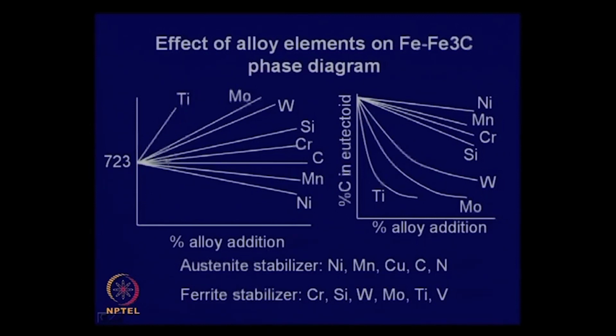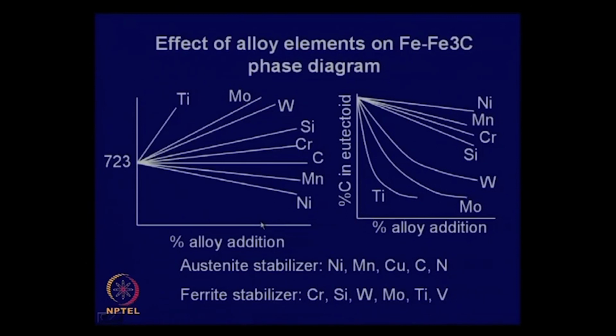This eutectoid temperature goes up with addition of titanium, molybdenum, tungsten, silicon, chromium, and their relative power may be different. So, primarily what is happening? You have broadly two classes of alloy element. One is ferrite stabilizer, which increases the critical temperature, another group called austenite stabilizer, which brings down the critical temperature.